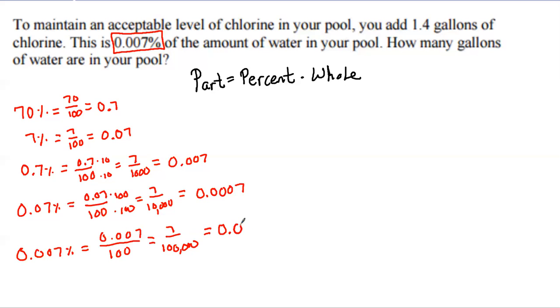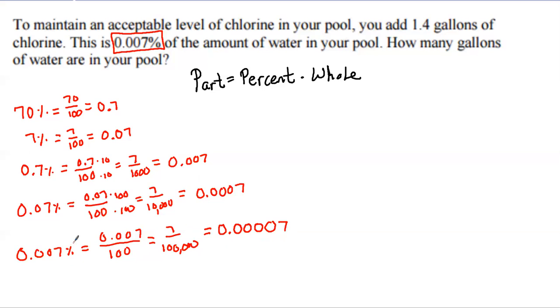So we have tenths, hundredths, thousandths, 10,000ths, hundred-thousandths. I had 3 zeros here, and now I have 4. So the decimal form of 0.007% is 0.00007. Now, I did the long explanation because I know so many students struggle with these weird percents.